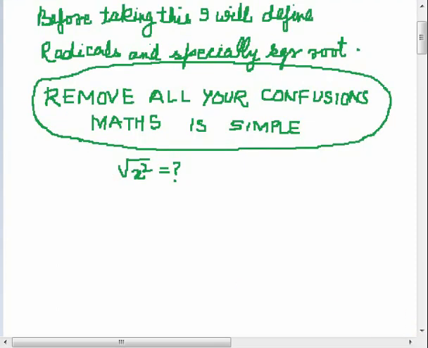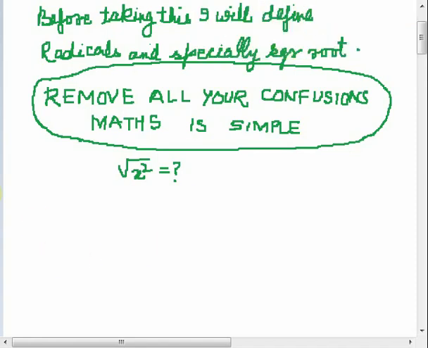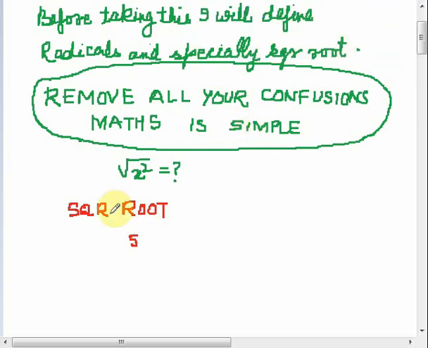Now I will start square root. We know that 5 square is equal to 25, and minus 5 square is also equal to 25.